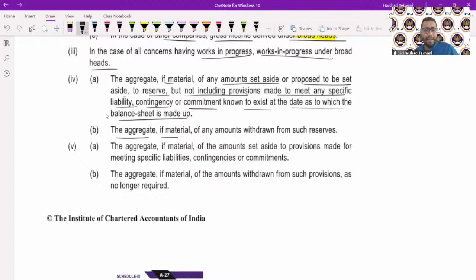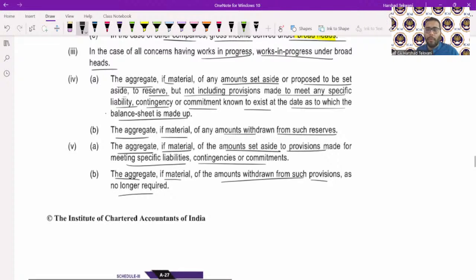Now two things we are talking about here: aggregate, if material. In total, if that amount is material, then only amount withdrawn from such reserves. The aggregate, if material, amount set aside to make provisions to meet specific liabilities, and amount withdrawn from such provisions.